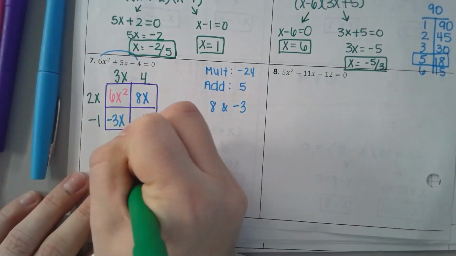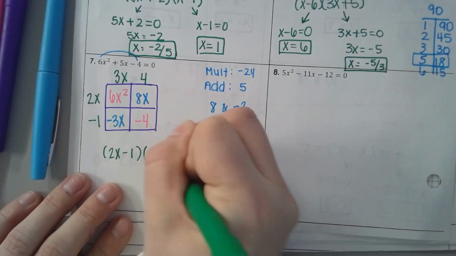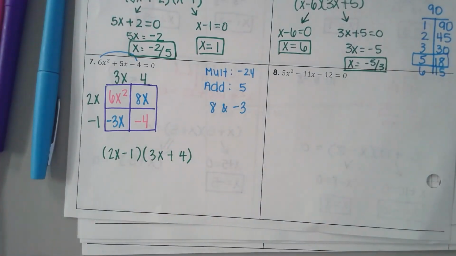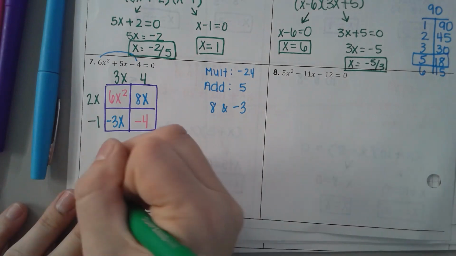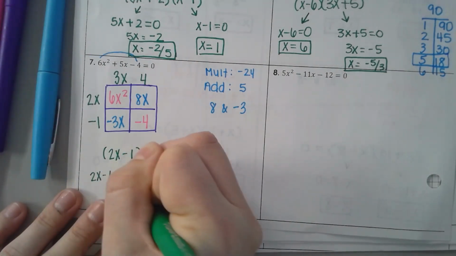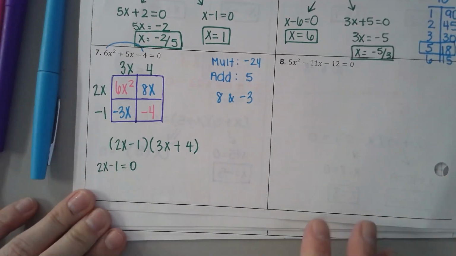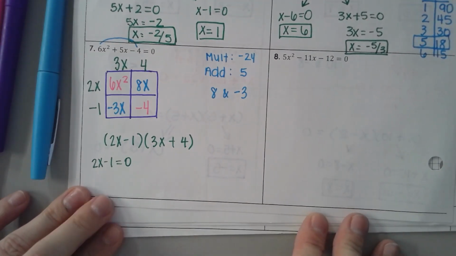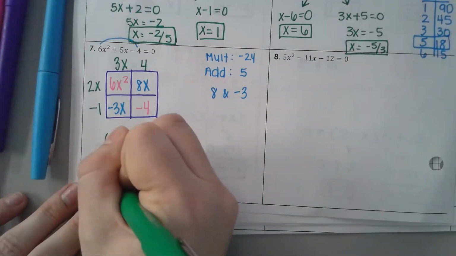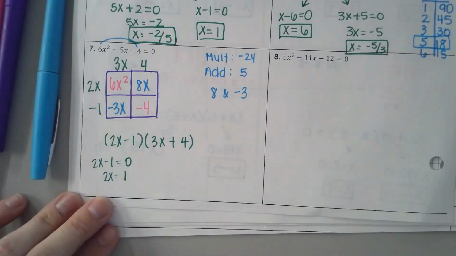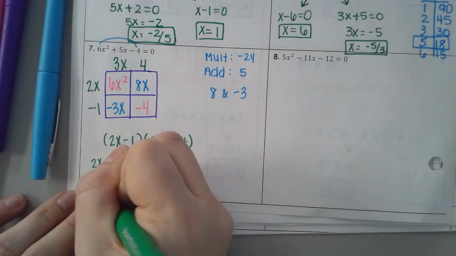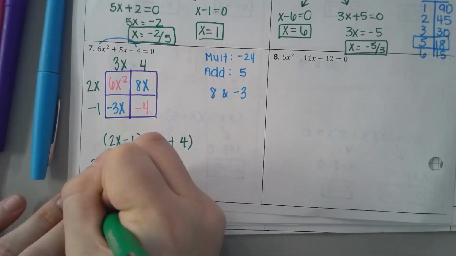2x minus 1, 3x plus 4. So if I get 2x minus 1 equals 0, I add 1 to get 2x equals 1, and then divide to get x equals 1/2.